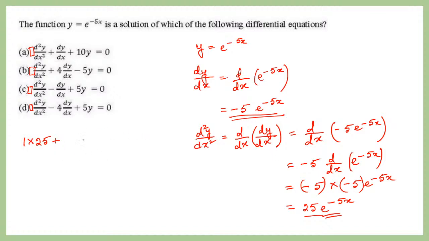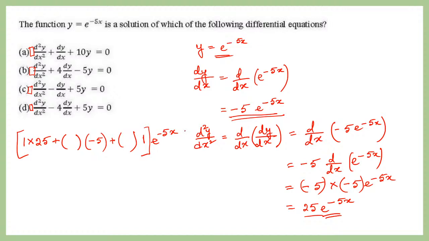We don't know the coefficient of dy/dx, but we know the value of dy/dx, that is minus 5, right? And we don't know the correct coefficient of y, but we know the value of y, that is 1 times e to the power minus 5x, that is 1 here, and this whole into e to the power minus 5x.